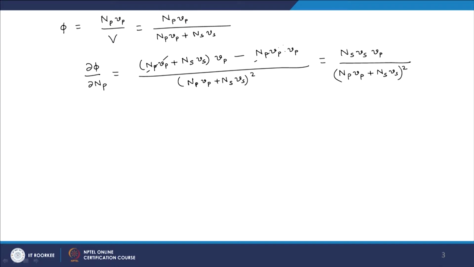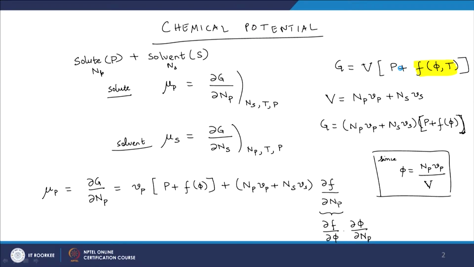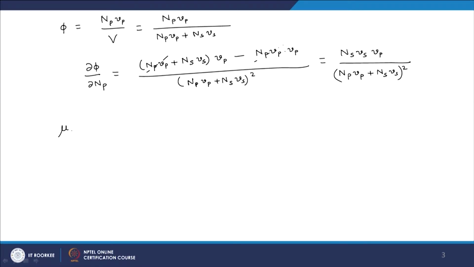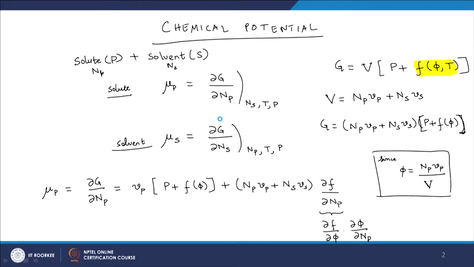So, now if I plug in this thing we have derived for ∂phi/∂n_p in the previous relation that we have written earlier, what we get is mu_p is equal to V_p multiplied by P plus f of phi, T, plus (n_p V_p plus n_s V_s) multiplied by ∂f/∂n_p, which was ∂f/∂phi multiplied by ∂phi/∂n_p.